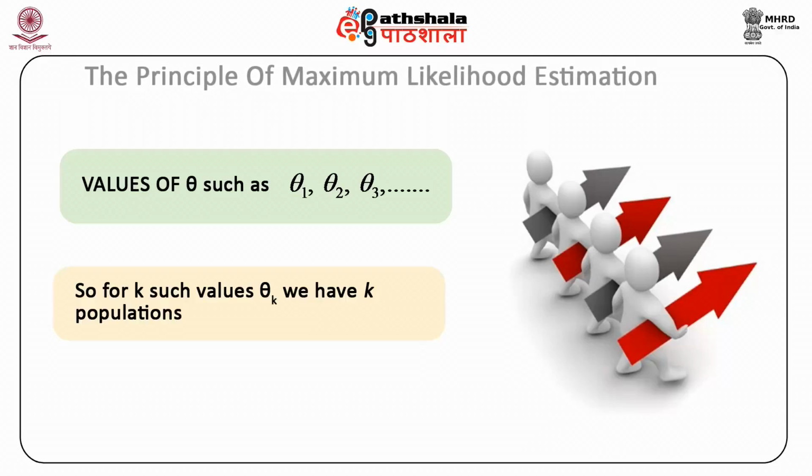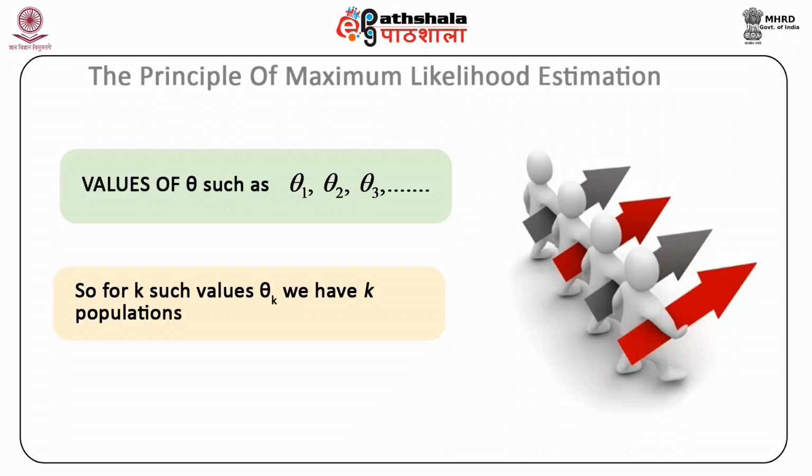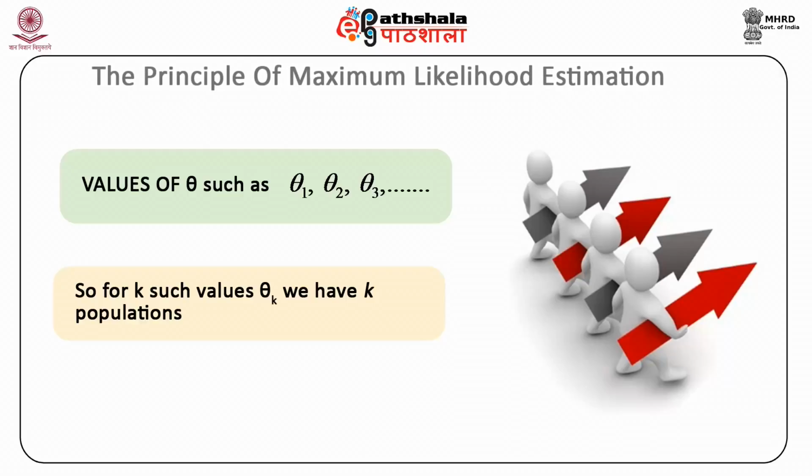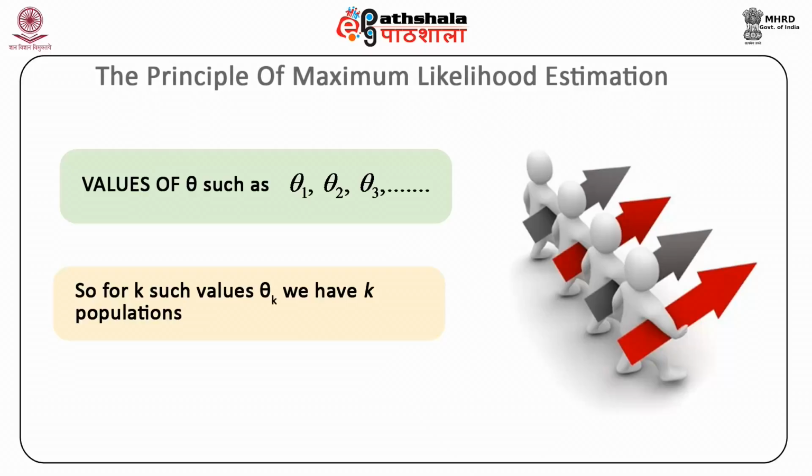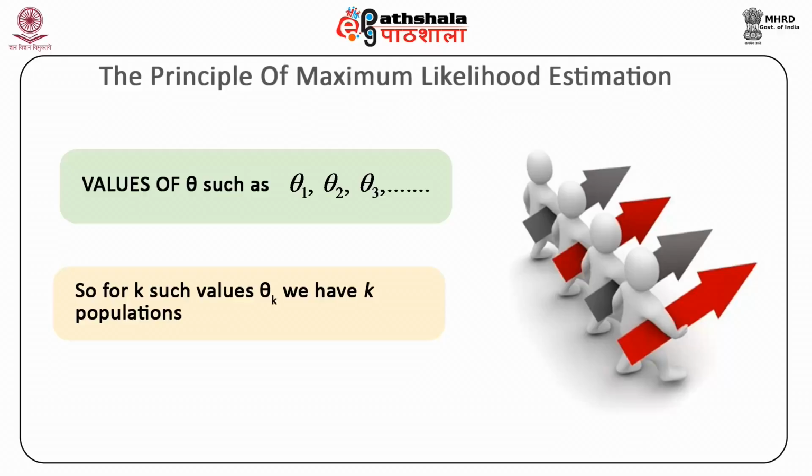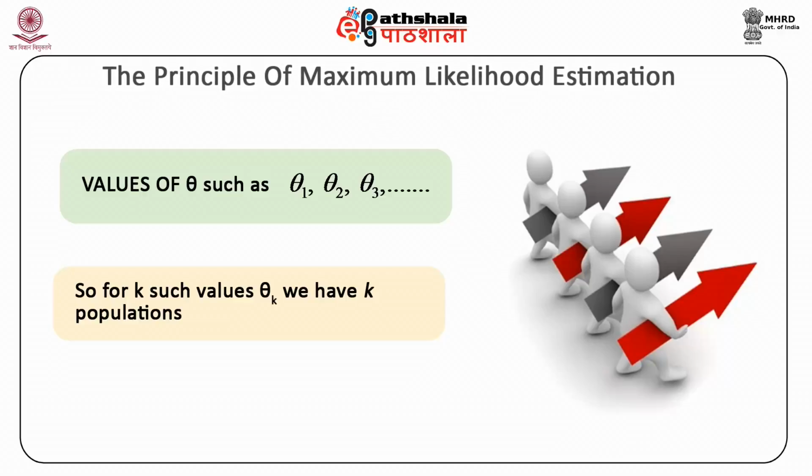Since the sample has been obtained from only one of the possible populations, the method of maximum likelihood estimation requires that we are able to select that population which is most likely to have resulted in the given sample. This translates into calculating the probability that the sample was drawn from each of the populations.